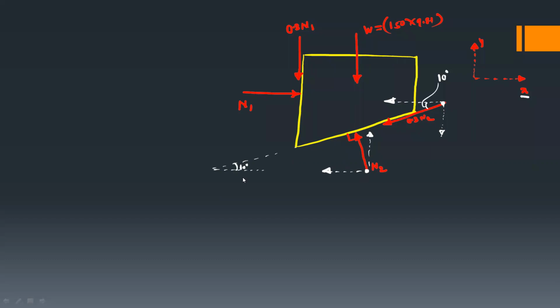You can see here for the wedge, this angle is given as 10 degrees. So this angle will become the alternate angle, so it is 10 degrees.